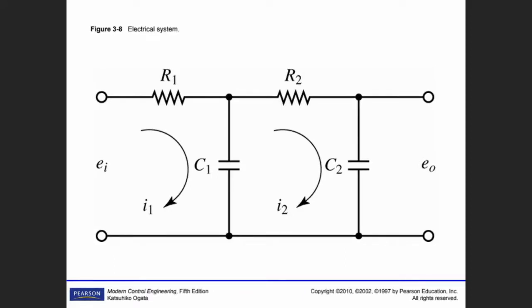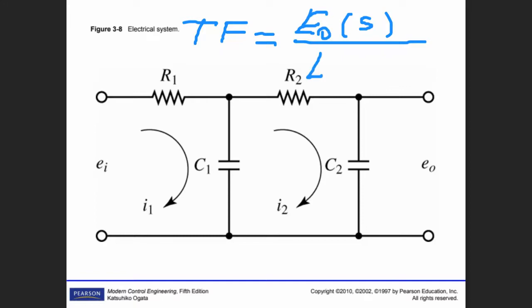You are going to prove that for this one you are going to obtain the TF, EO(S) output over EI(S).